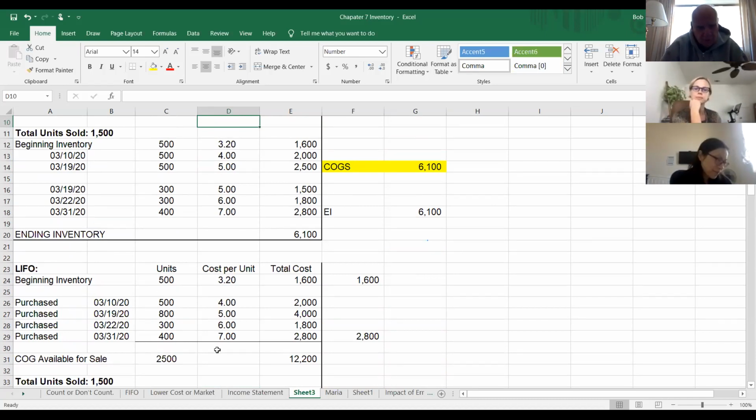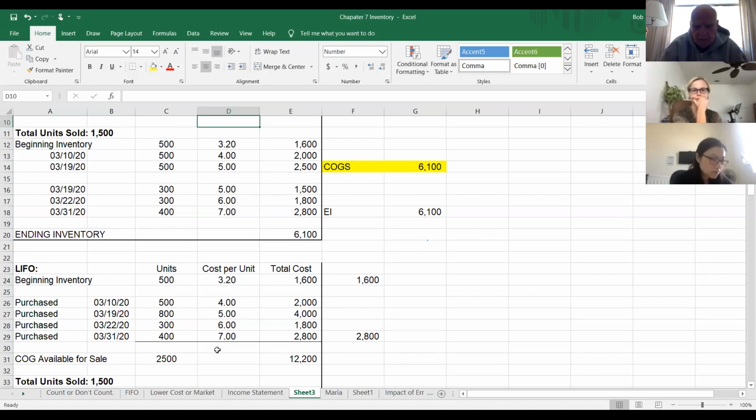You might choose FIFO because you want to show the highest profit possible on your income statement. You want to make a big splash. By using FIFO as prices went up, you're going to show a lower cost of goods sold and a big profit.